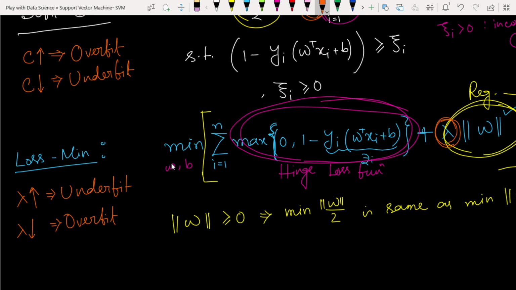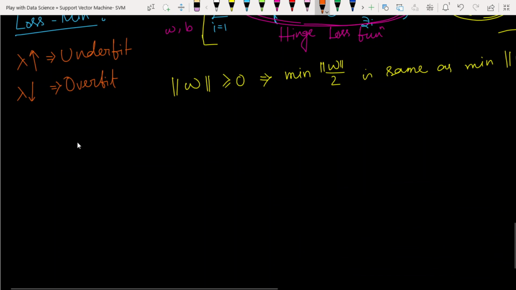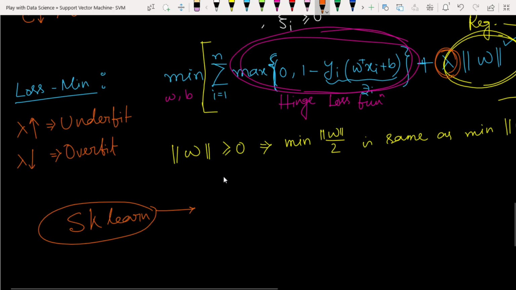Okay, I am just recalling this concept again. If you remember the scikit-learn library in Python, we used the hyperparameter C for logistic regression and also for SVM.